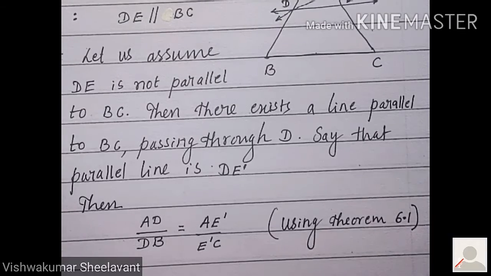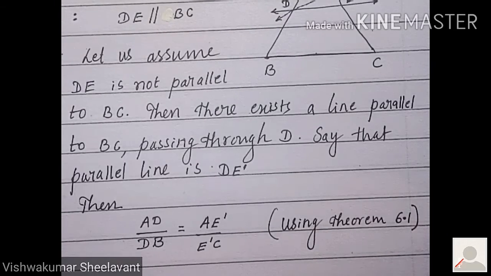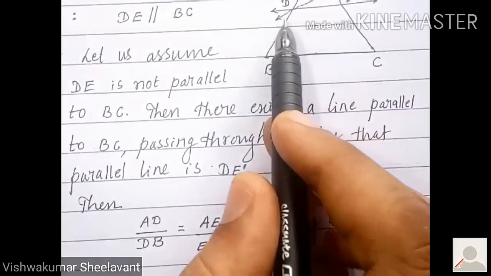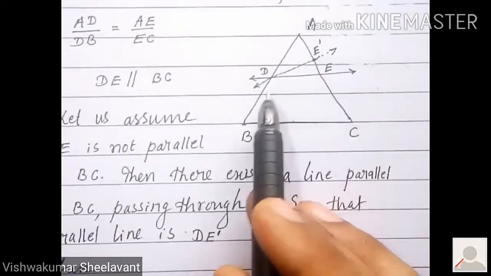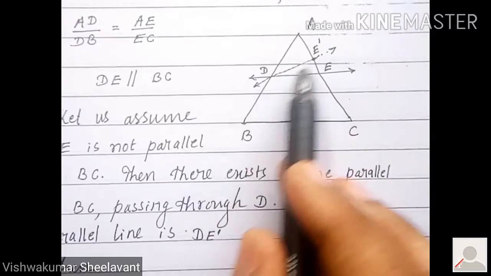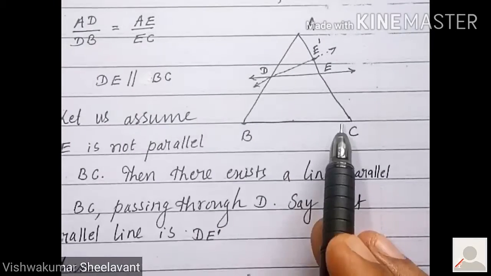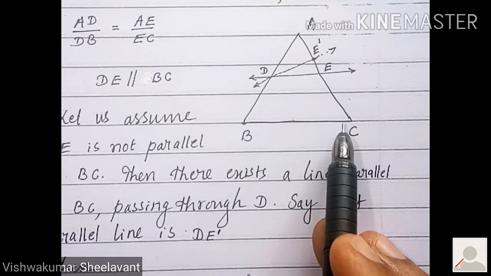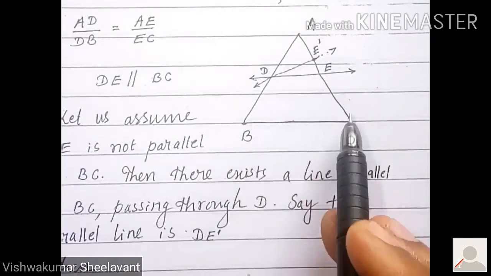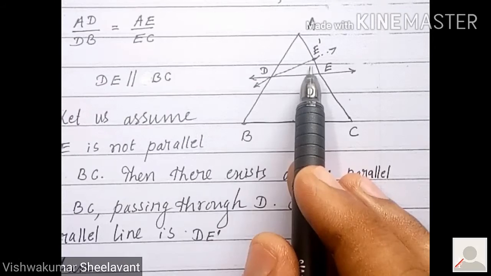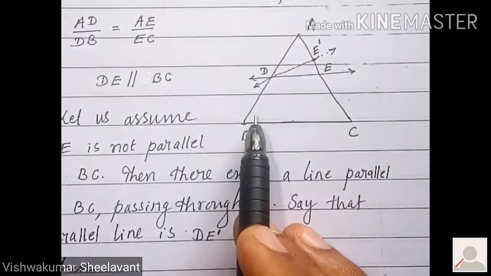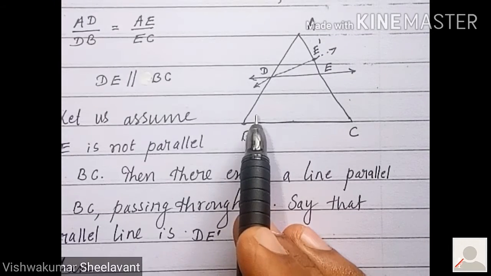In theorem 6.1, what did we study? If a line is drawn parallel to one side of a triangle intersecting the remaining two sides, then that line will be dividing the two remaining sides in the same ratio.